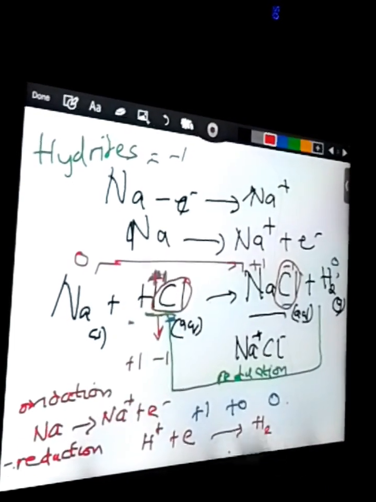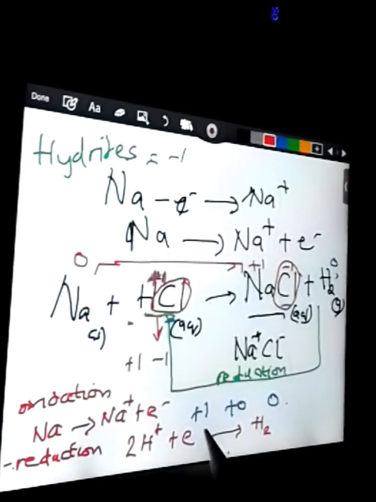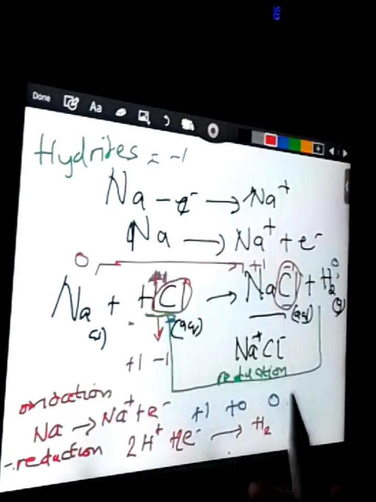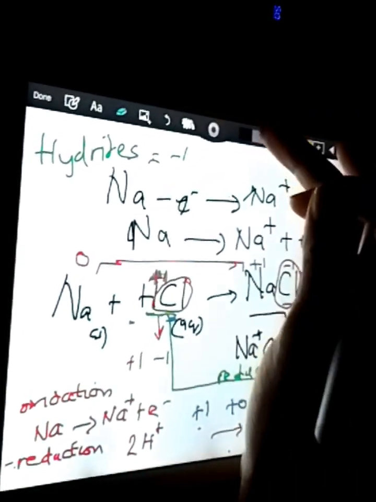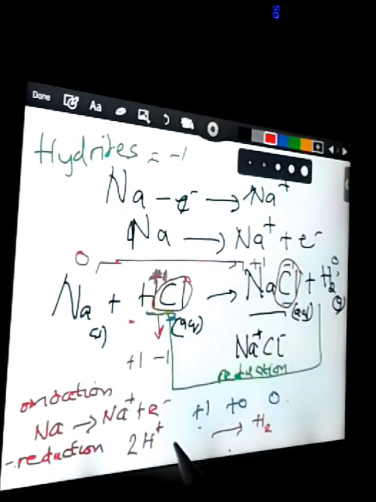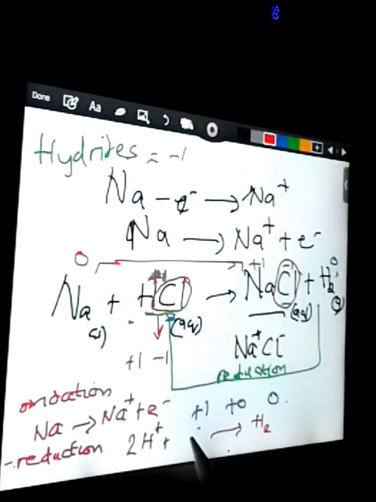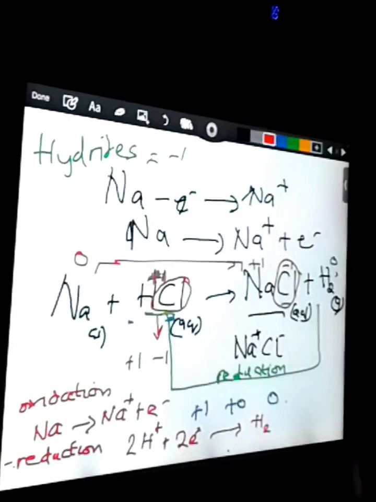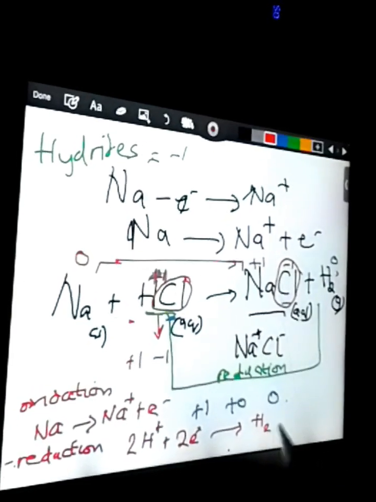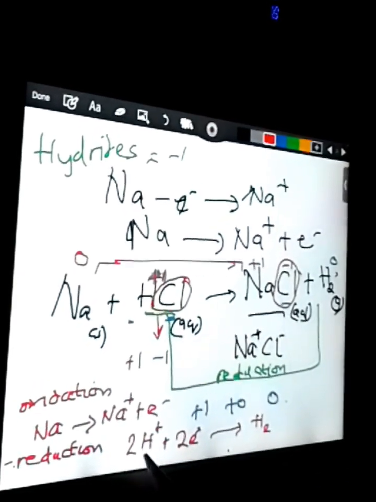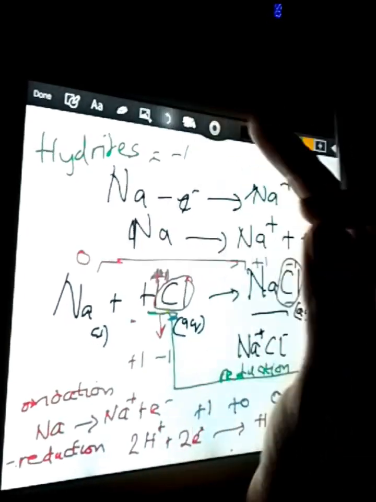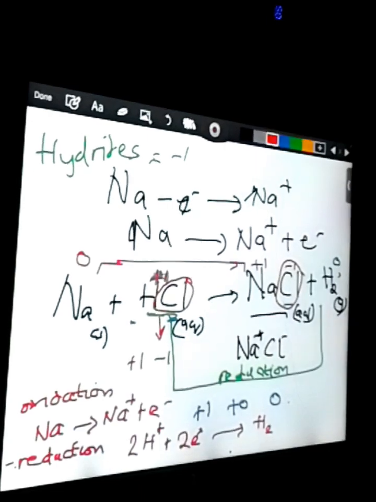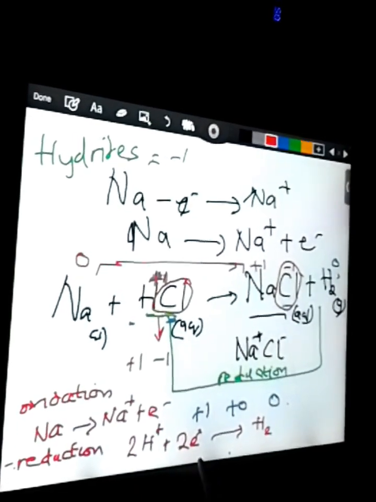This is H2, so we are going to balance it and put 2 here, because everything has to be balanced in chemistry. You must balance your work so that the charges will balance out. Because we have two atoms of hydrogen here, that means we will have two hydrogen ions, and each of these ions will gain one electron.